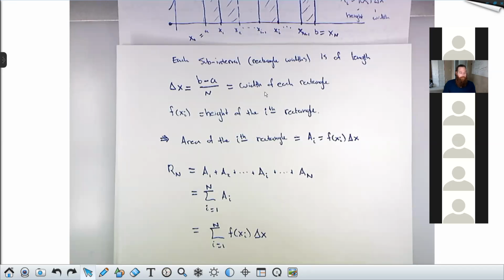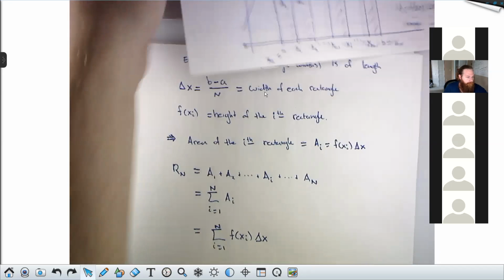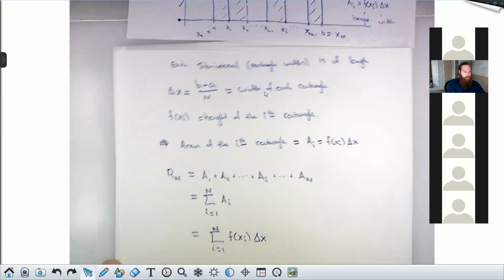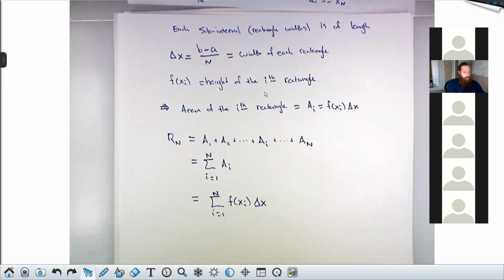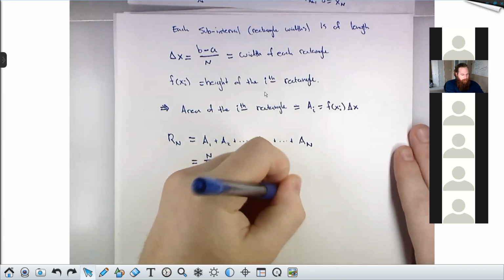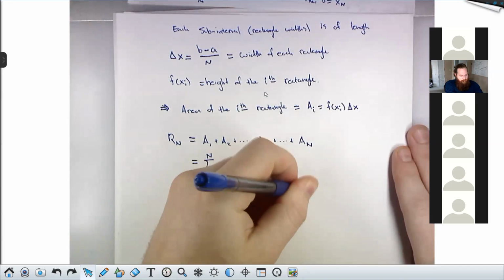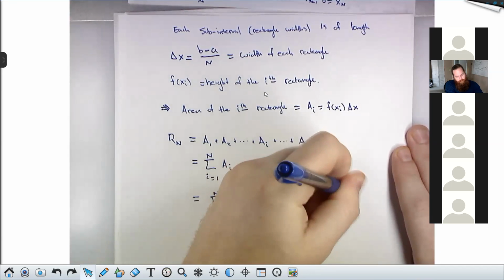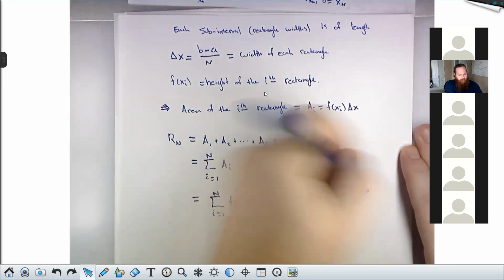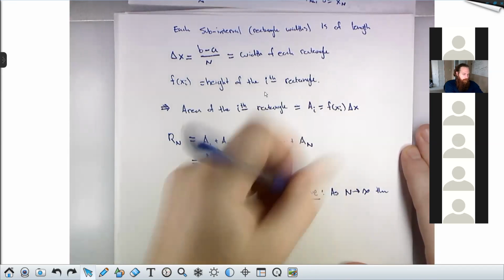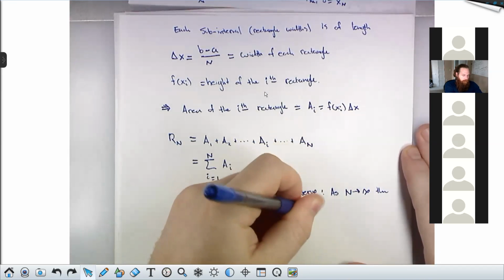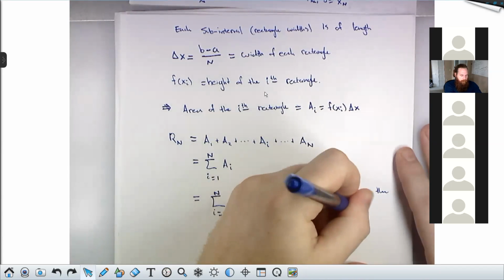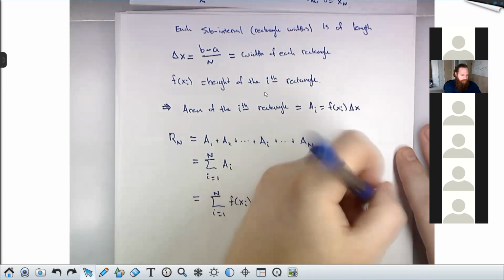And then the crucial observation here is that as capital N goes to infinity, the approximation becomes exact.